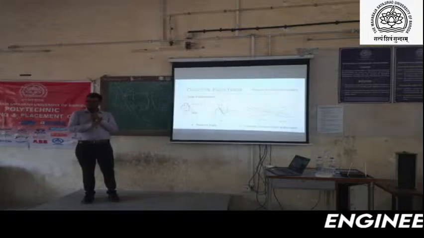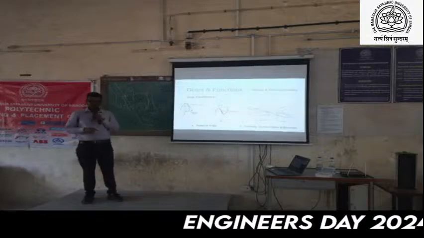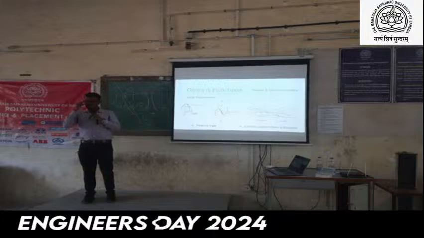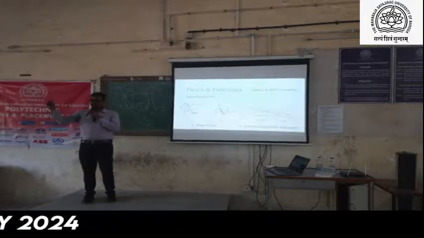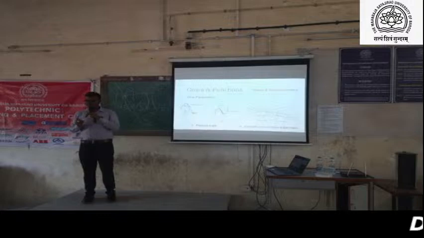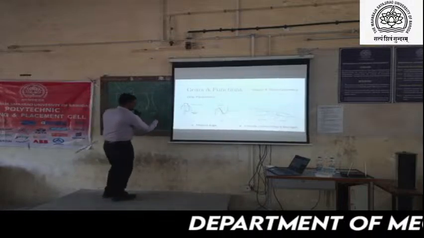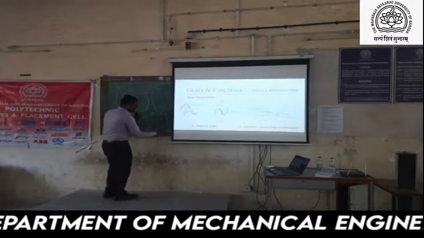This is the comparison between spur and helical. So, how can it be defined? Total contact ratio is nothing but the transverse contact ratio plus the overlap ratio. For the transverse contact ratio, see, this is the gear face and this is the center axis.